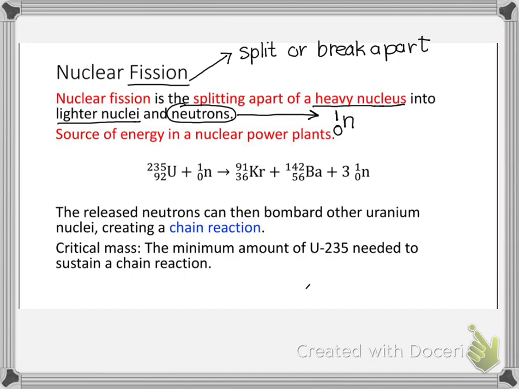So if you see 1, 0, n, that's the symbol for a neutron. Nuclear fission reactions are the source of energy in nuclear power plants.